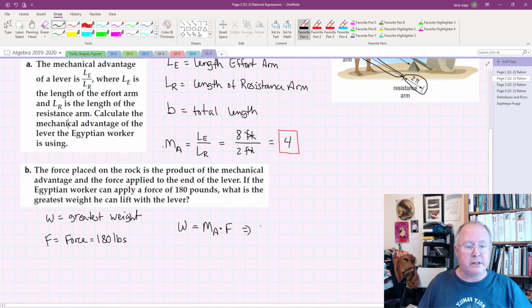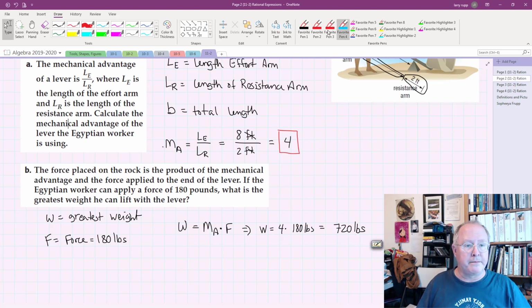Well, in this case, W is going to be equal to our mechanical advantage we calculated as 4, and the force that's applied is 180 pounds. So 4 times 180 gives us an answer of 720 pounds. That's the greatest weight of rock that he can lift with this lever.